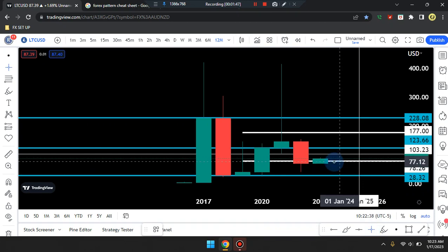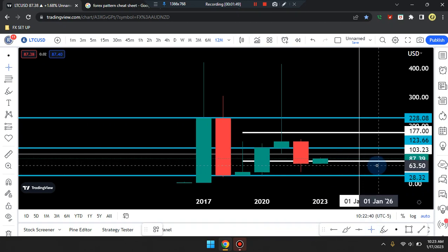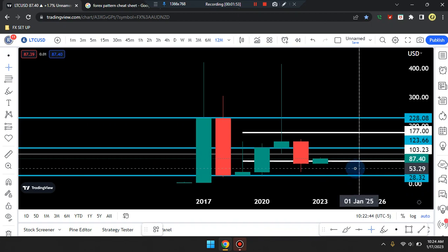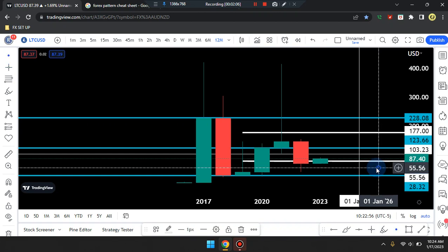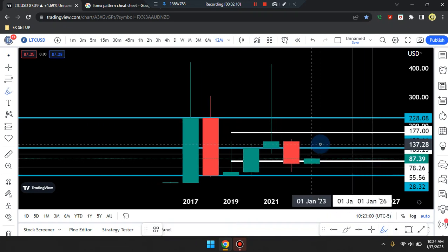If price pushes down, it can tag that support line in white at 78.26 before dropping down and tagging the overall lower lows of structure at 28.32. And before it reaches there, it can tag that midpoint within that area at 55.56. So let's take a look at what's going on in the market.